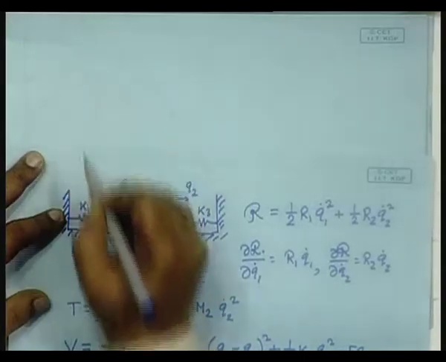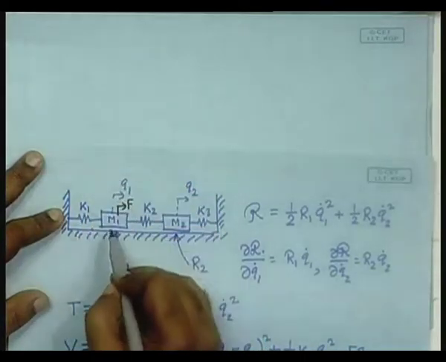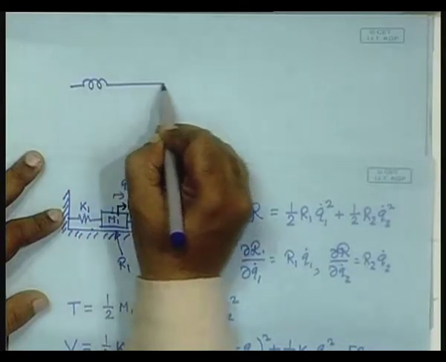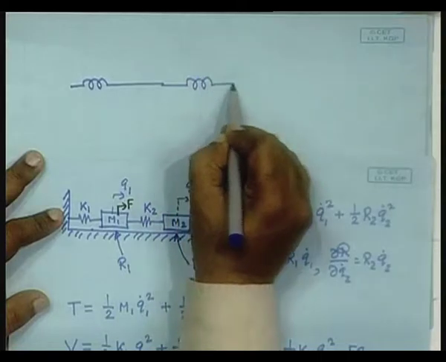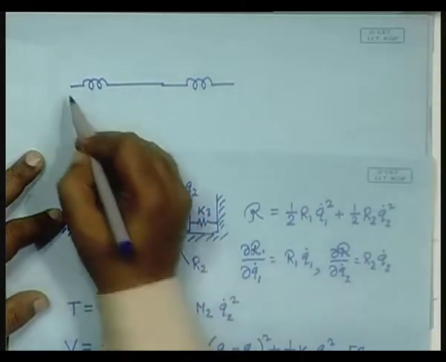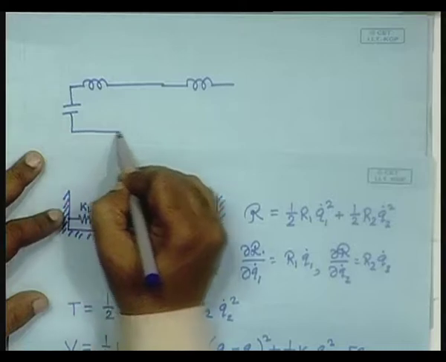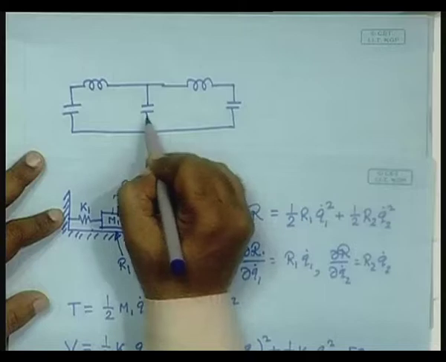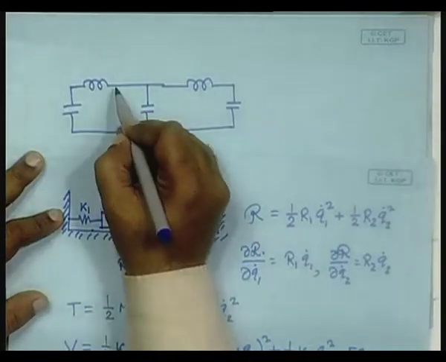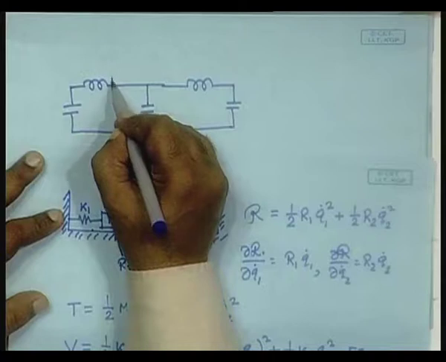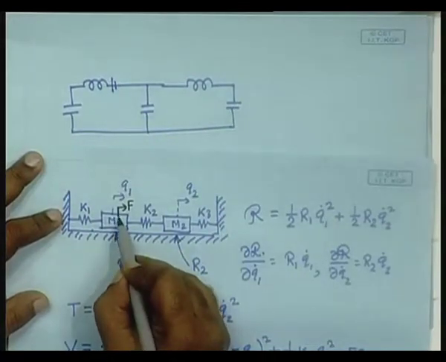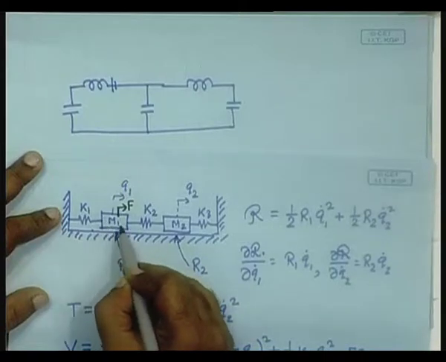The two masses will be represented by inductors, the springs will be represented by capacitors, and this force will be represented by a battery, and there is a resistance that shares the same motion with this mass, the inductor.